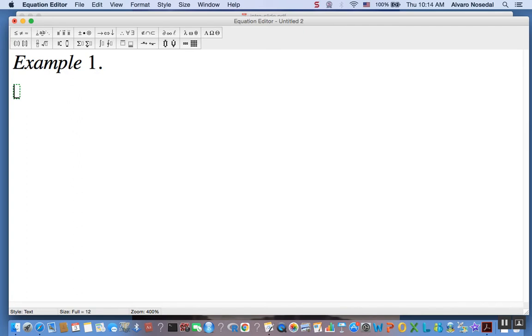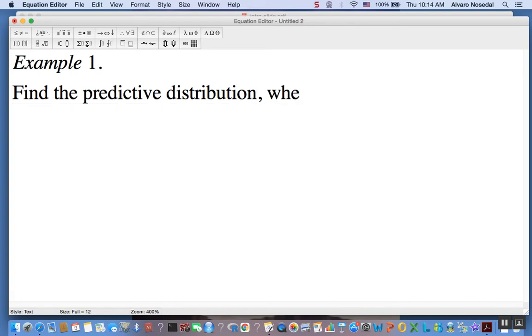What we're going to be doing together here is finding the predictive posterior distribution for a particular case, when r star equals 1 and v star equals 1 as well.